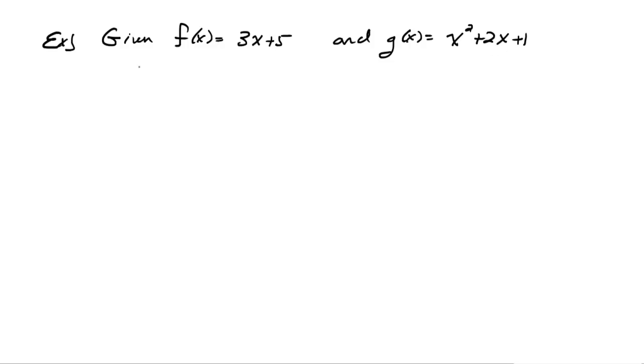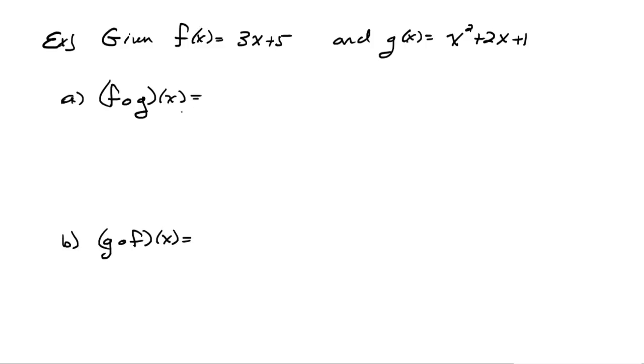Given f of x equals 3x plus 5 and g of x equals x squared plus 2x plus 1. In part A, we're going to determine f composed of g of x, and in part B, we're going to determine g composed of f of x.